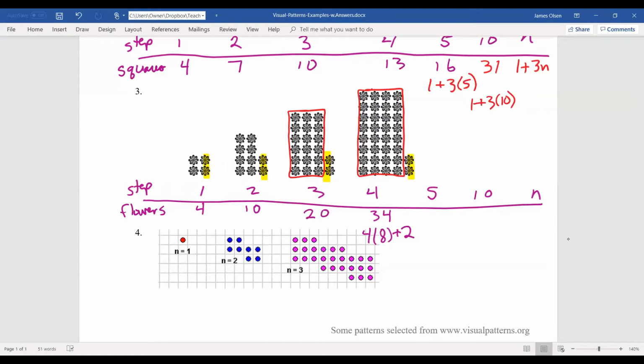Step 5 is going to have a rectangle that's 5 wide times 10 high plus 2. That's 52. The 10th figure is going to be 10 wide times 20 high plus 2, which is 202.